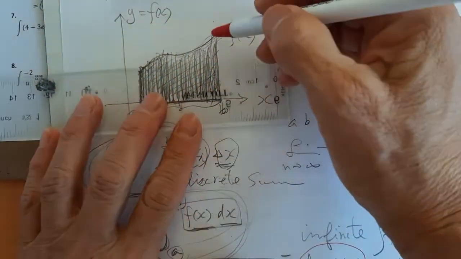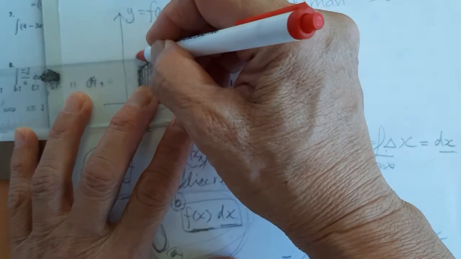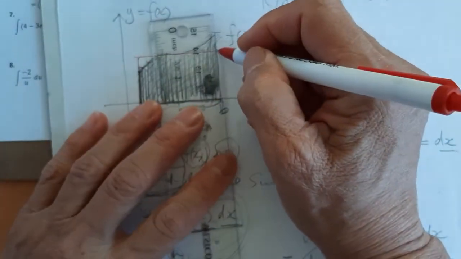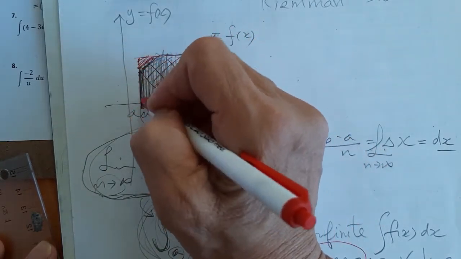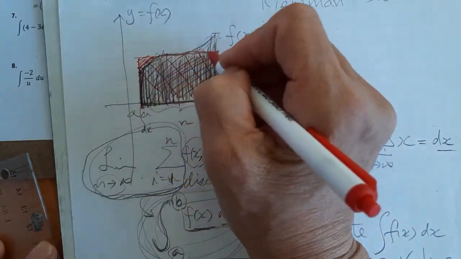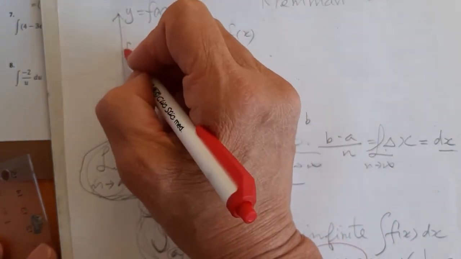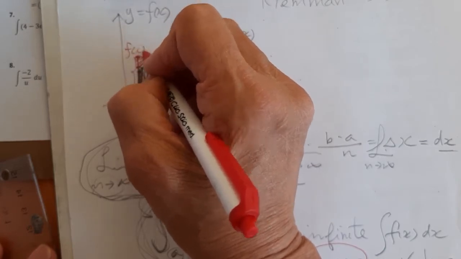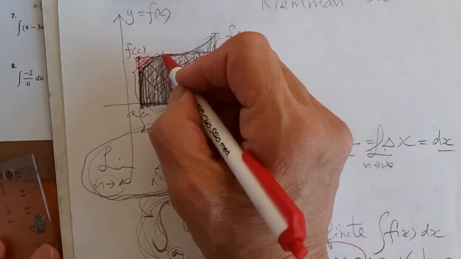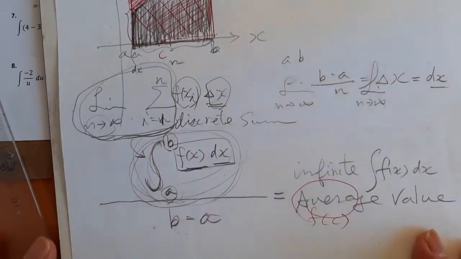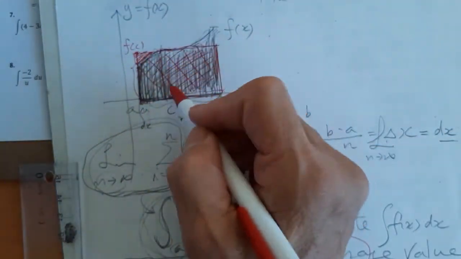So you can always find a c, and this rectangle area, the red one, and this height is the average value f of c. You can always find a c between a and b such that f of c times this base is going to be the rectangle area.